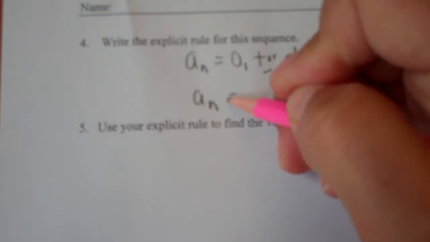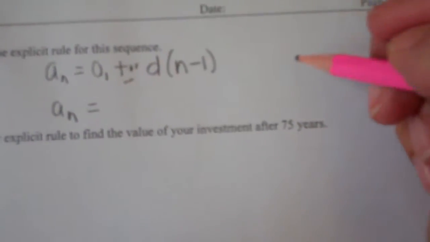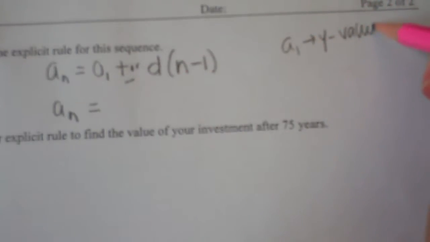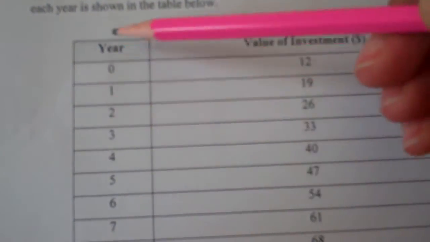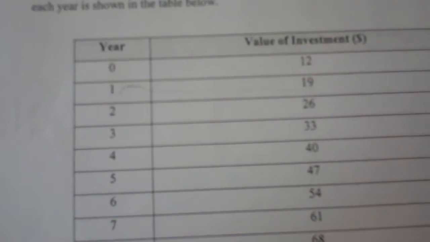Now a sub 1, let's remember, a sub 1 is our y value when x equals 1. So we have to go back to our table and look to see what our y value is when x equals 1. So here's our x column, or year. So here's 1. So let's look over and we see that it's 19.